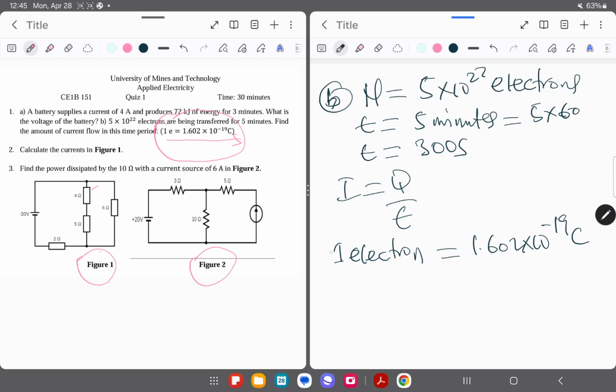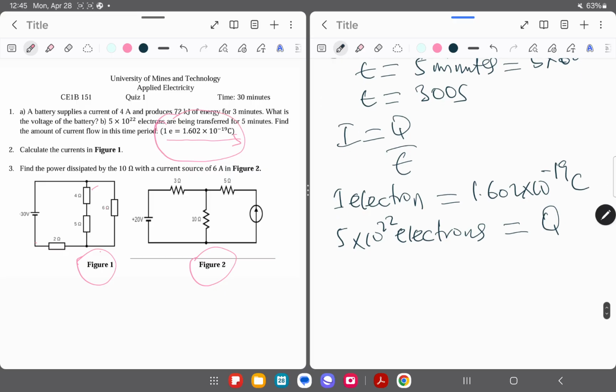Now, what if I have 5 times 10 to the power 22 electrons? What is going to be the magnitude of charge? So with this we cross multiply. The charge here is going to be equal to 1.60 times 10 to the power minus 19 times 5 times 10 to the power 22.